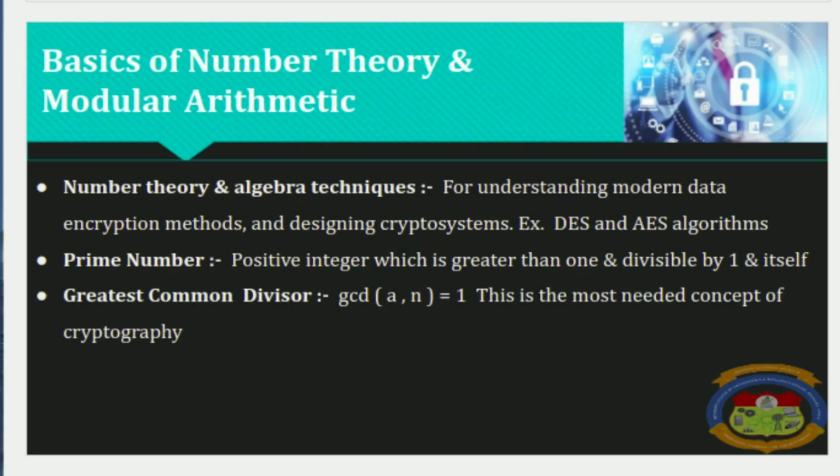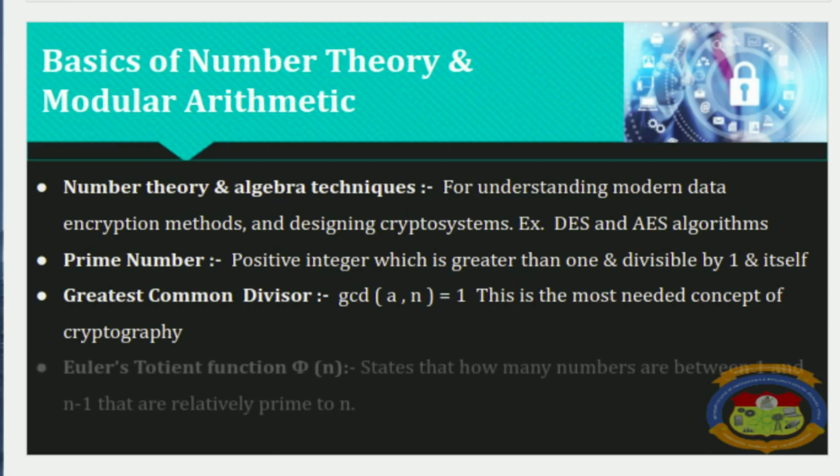The GCD of two numbers is 1 for relatively prime numbers. For example, 21 and 44 are relatively prime numbers since the common factor between both numbers is 1. Thus, the GCD of two positive integers, suppose a and b, is the largest integer that divides both integers. This is the most needed concept of cryptography.